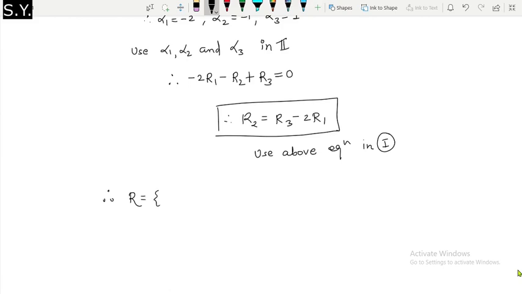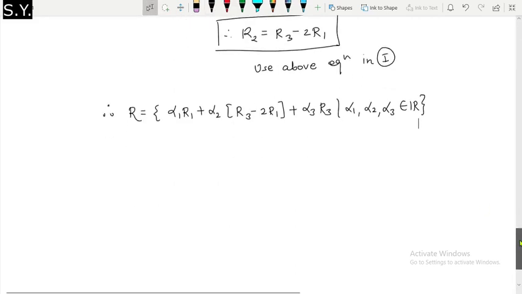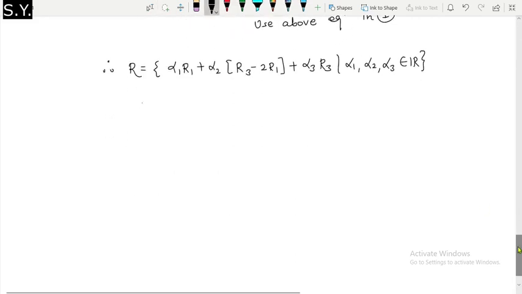It is the set of all alpha 1 R1 plus alpha 2 times R3 minus twice R1, plus alpha 3 R3, such that alpha 1, alpha 2 and alpha 3 belong to R. Which is further equal to the set of all, what is the coefficient of R1? Alpha 1 minus twice alpha 2, right?